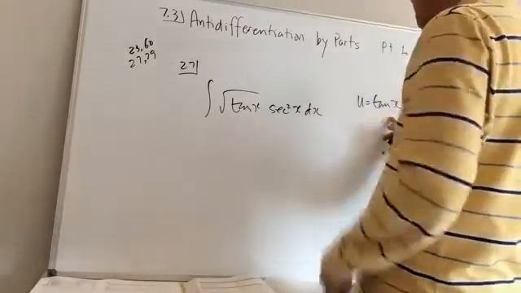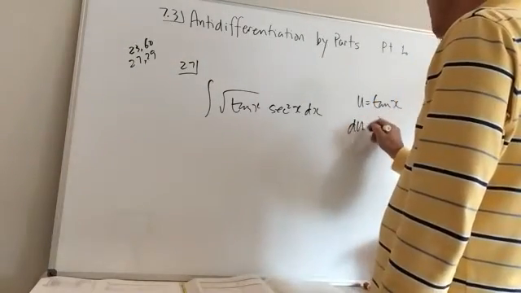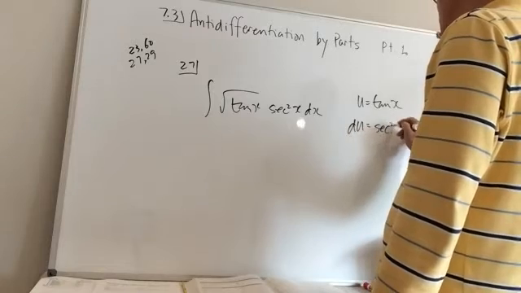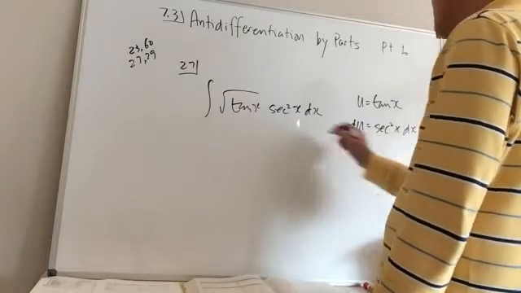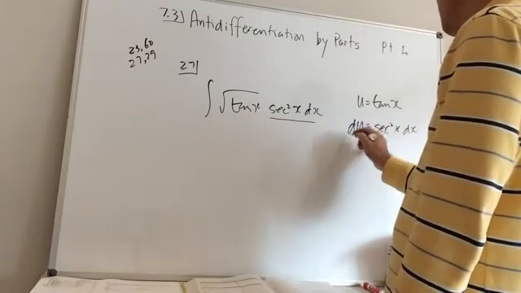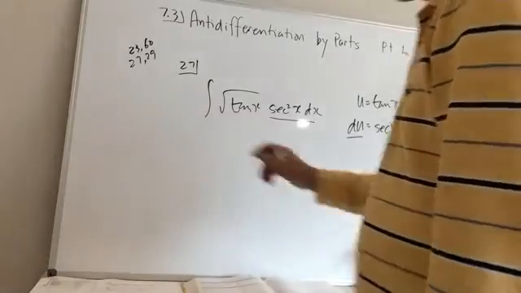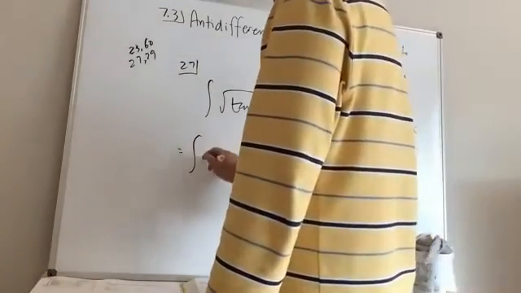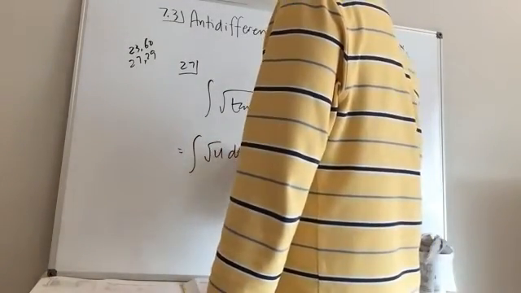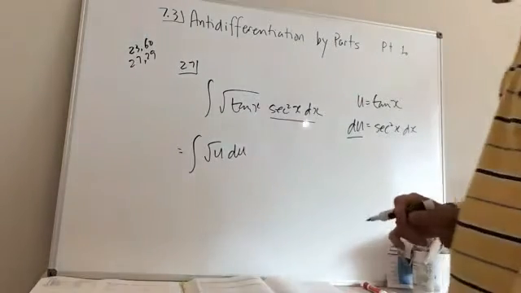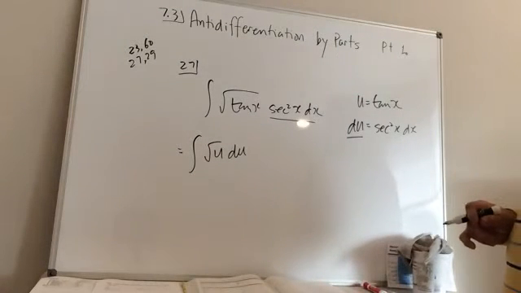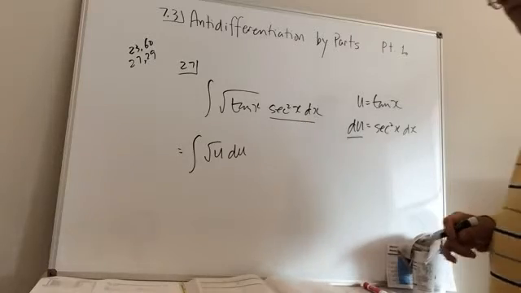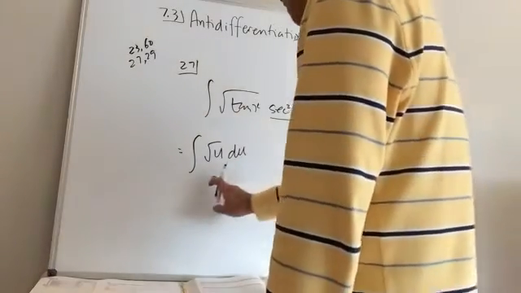Okay. And that allows us to do du, and I get secant squared x dx. So I created this guy here. This guy's going to be equal to du. So I'm going to get square root of u du. Are we good? Yeah. Thank you.